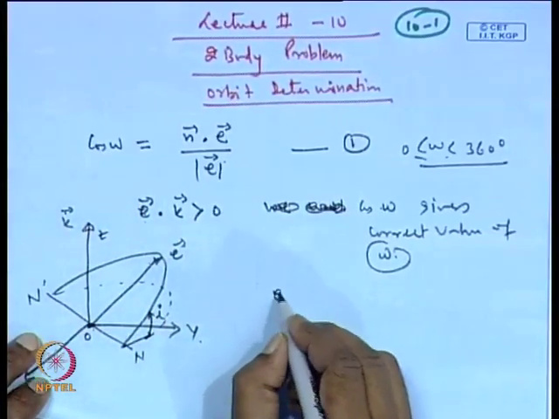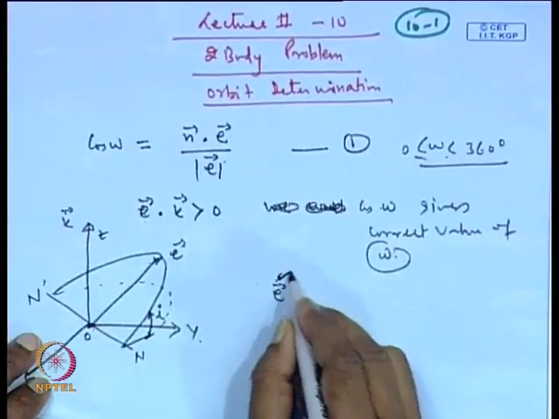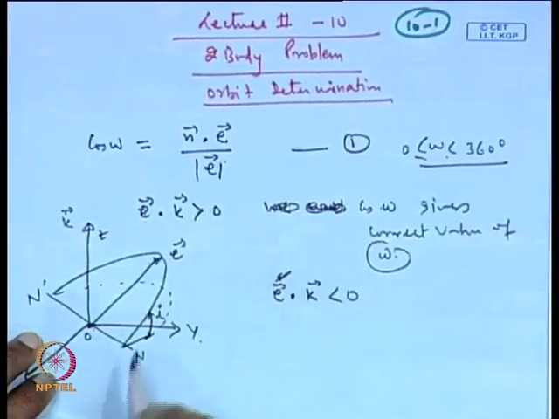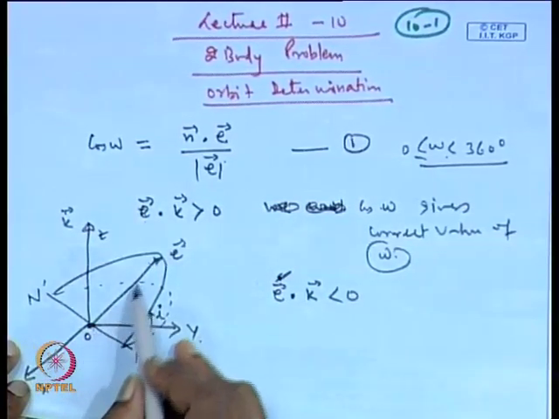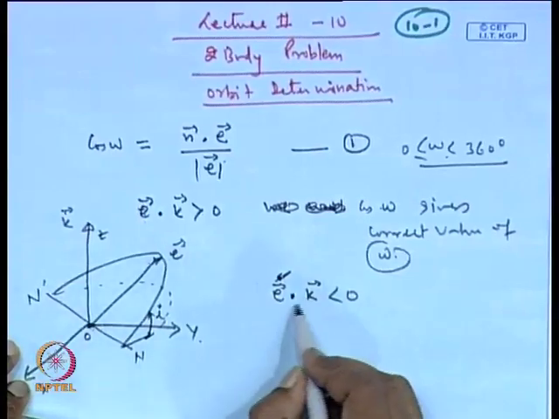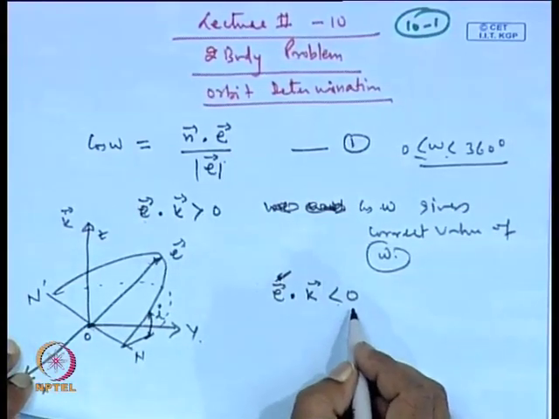If the E vector dot product with the k vector is less than 0, it means the E vector has a negative component, so the perigee will no longer lie above the x y plane, but will go below the x y plane. In that case E dot k will be less than 0.